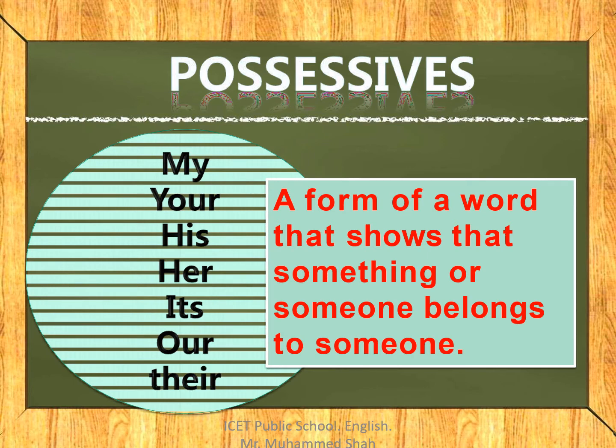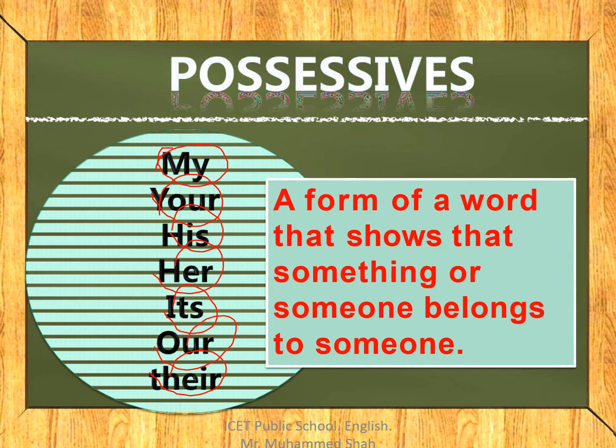Now we are moving on to the next class of determiners, that is called possessives. Already I have told you that possessives are words that show possession. Here are the possessives: my, your, his, her, its, our, their. These are words that show that something or someone belongs to someone.